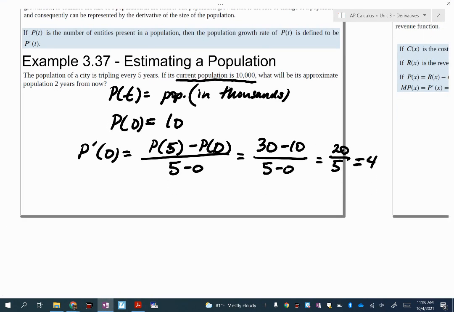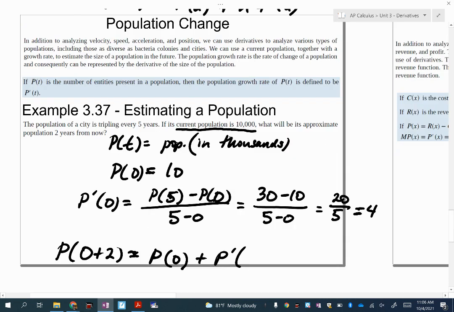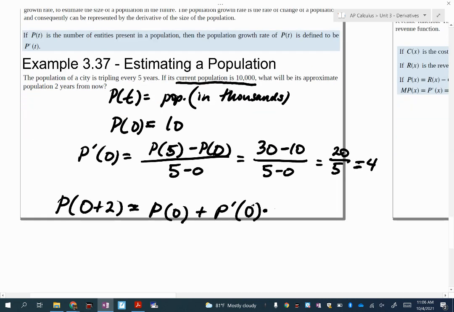Okay, feel good about that. So now to estimate the population 2 years from now, which is going to be P of 0 plus 2, the approximation is P of 0, which I know is 10, plus my P prime of 0 times h, which is my 2.